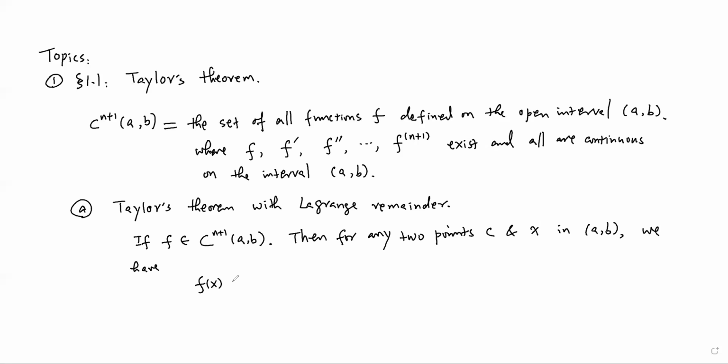F of X is equal to F of C. C is a constant, X is a variable, plus 1/1 factorial F derivative at C times X minus C, plus 1/2 factorial second derivative at C times X minus C squared, and so on.